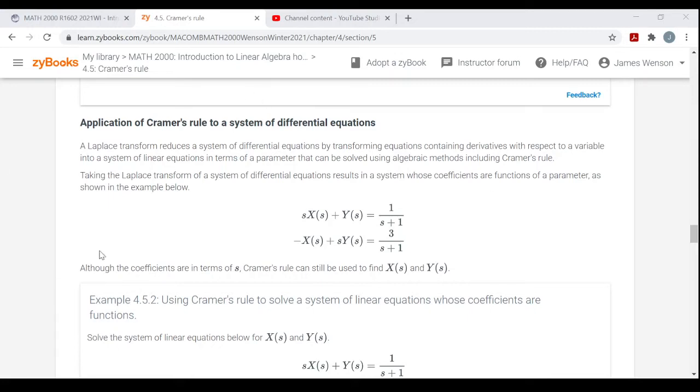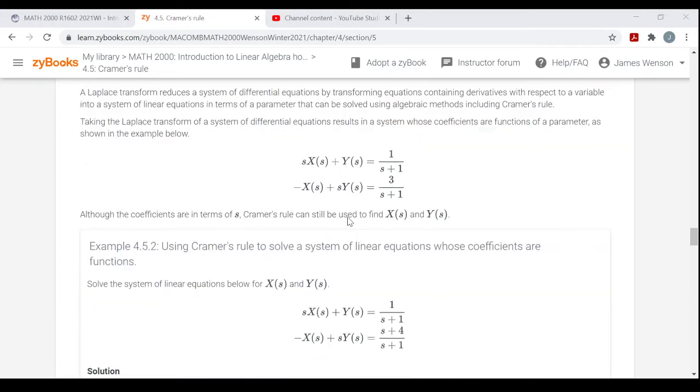I'll read this here to you. A Laplace transform reduces a system of linear differential equations by transforming equations containing derivatives with respect to a certain variable into a system of linear equations in terms of a parameter that can be solved using algebraic methods like elimination, Gauss-Jordan elimination, or Cramer's rule.